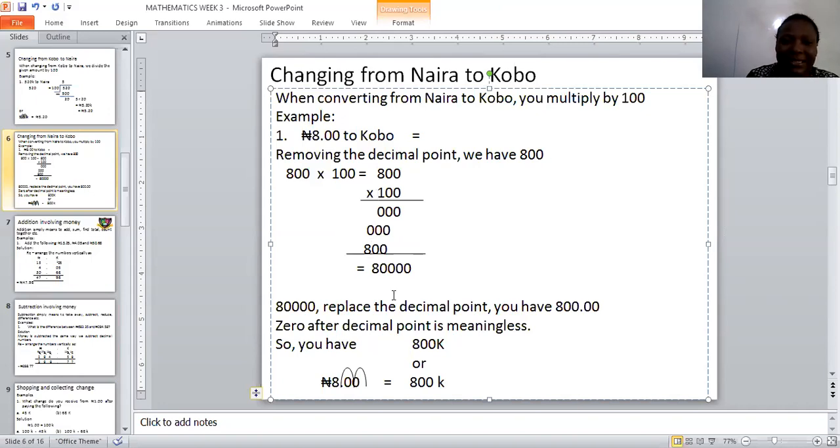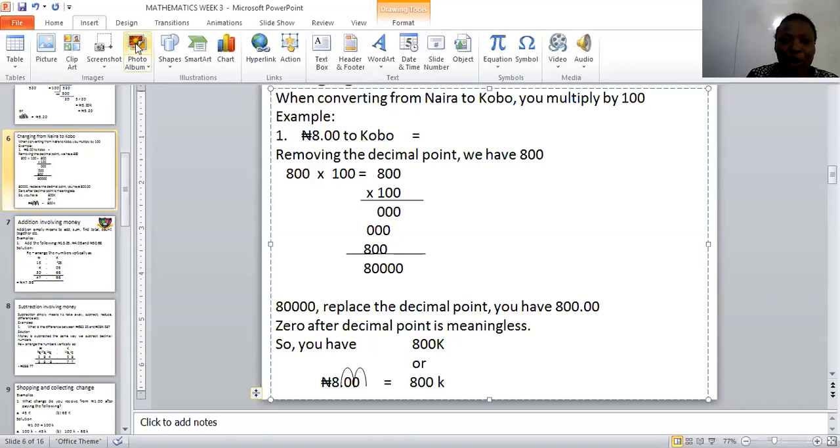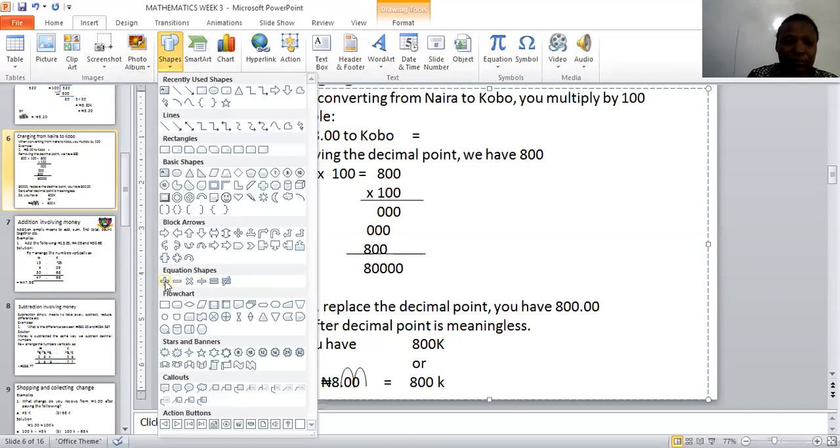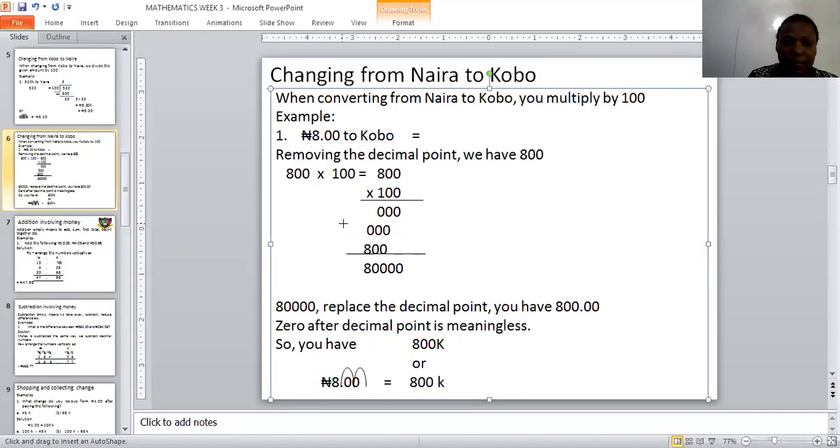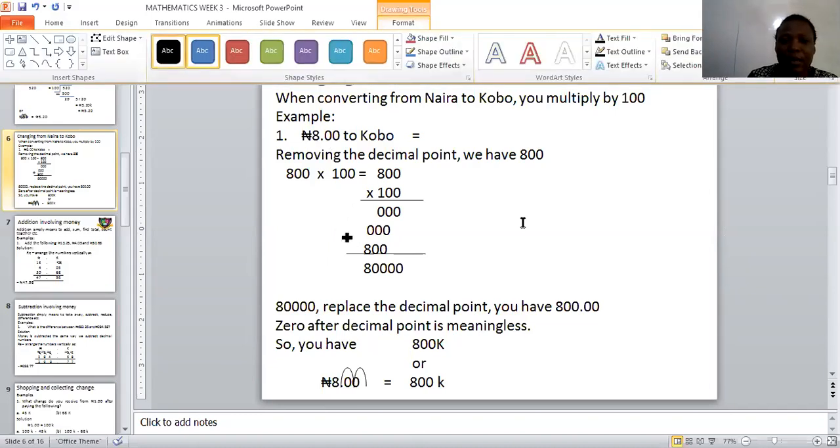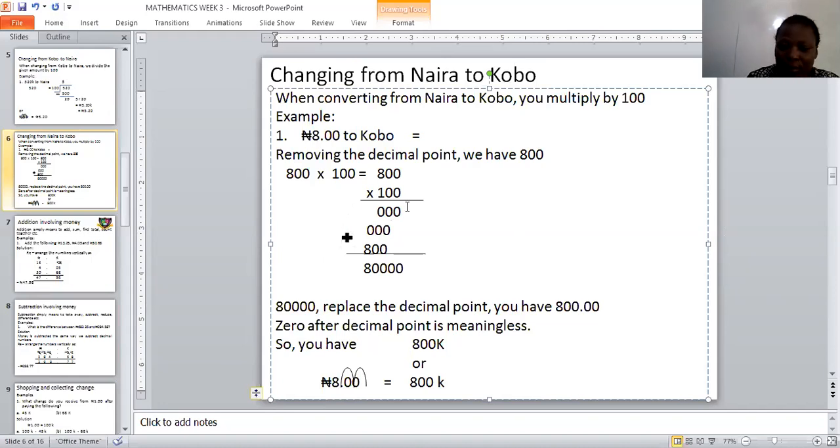Now add the digits together. A 0 will come down. 0 plus 0 will give you 0.